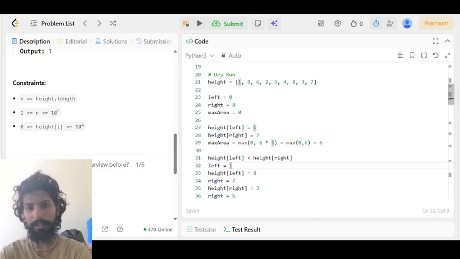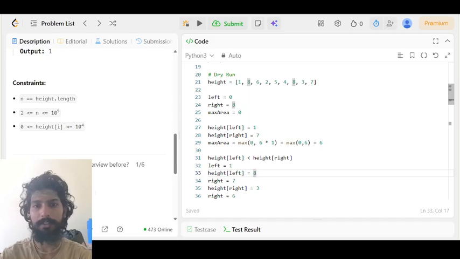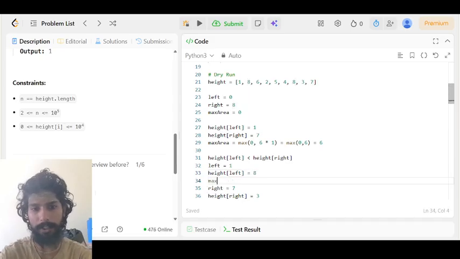Then once we have moved the left pointer, we again check and height left was 8. So this time max area becomes max of 6 comma, the distance is now 5 multiplied by 7 and it becomes equal to 35.